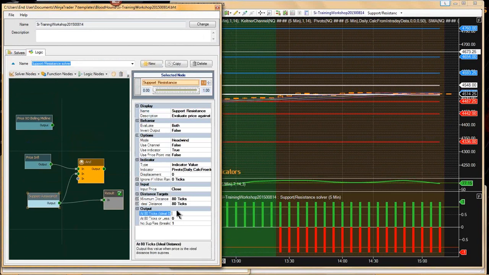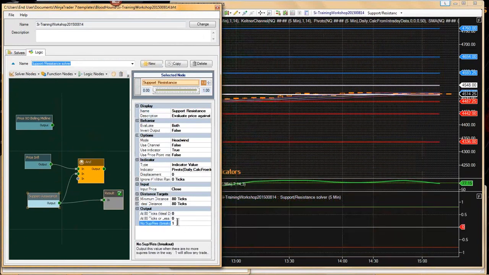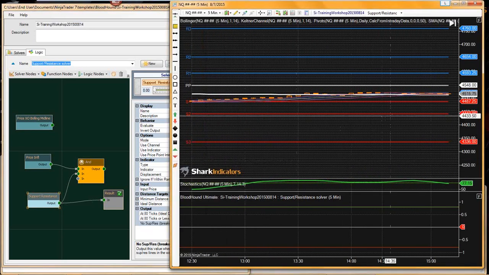All right, I'm going to turn this output off so I can quickly spot if price breaks above or below all of the pivot lines.